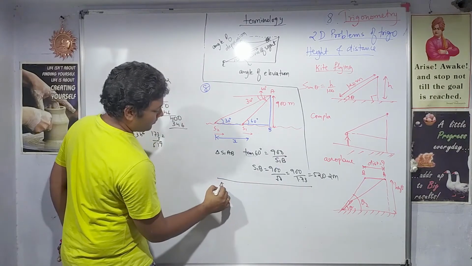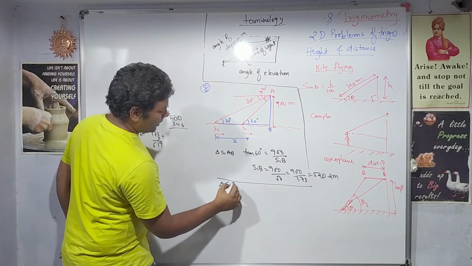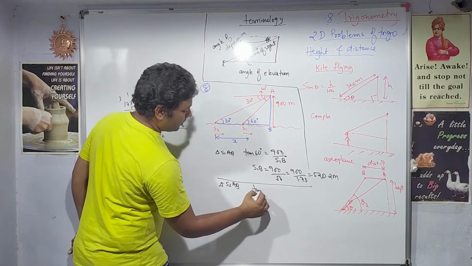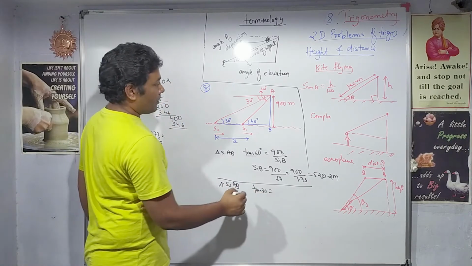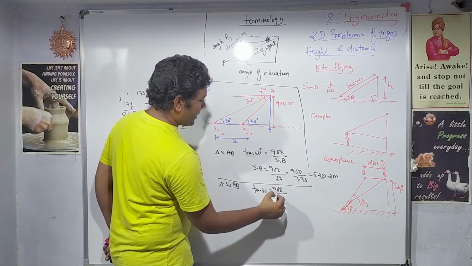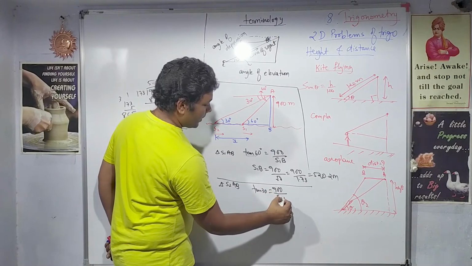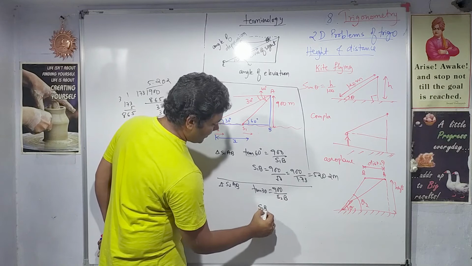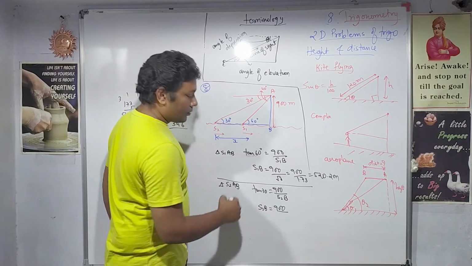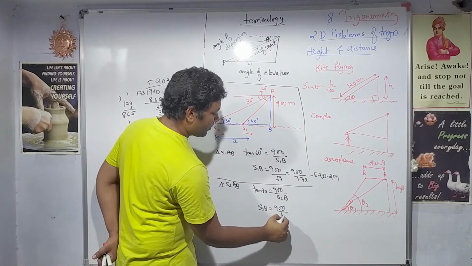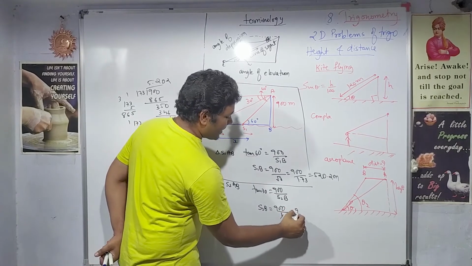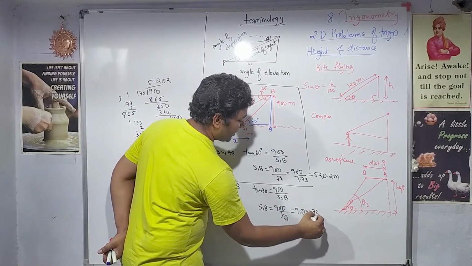Next triangle, triangle S2AB. Again tan 30. Tan 30 perpendicular is 900 and the base is S2B. So now the value of S2B will be 900 upon tan 30. Tan 30 is 1 by root 3. So this will be 900 into 1.73.